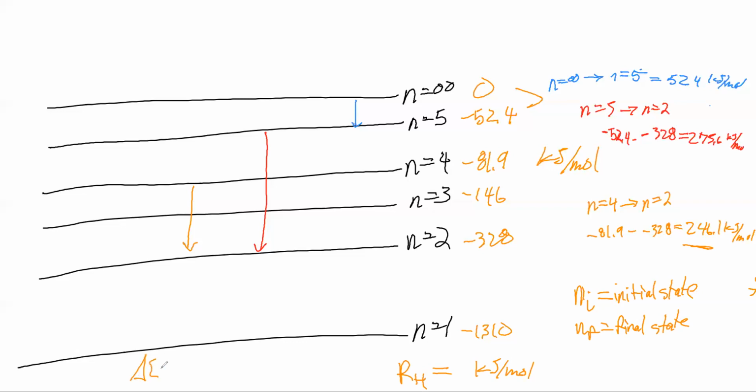You know what your delta E is. And you're going to know that that's going to be RH of 1 over your initial squared minus 1 over your final squared. Or in this case, they describe it as 1 over n2 squared minus 1 over n1 squared. So depending on which value you're considering n2 versus n1, then that's how you can double check those.